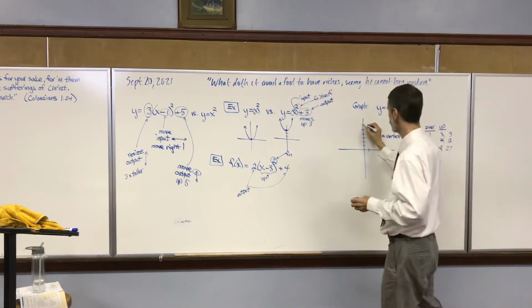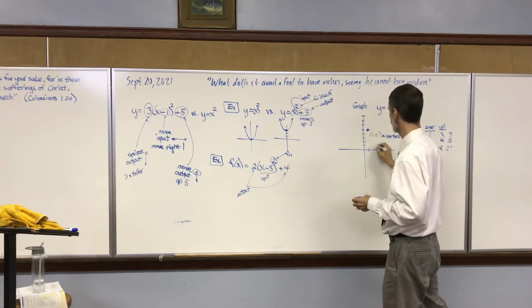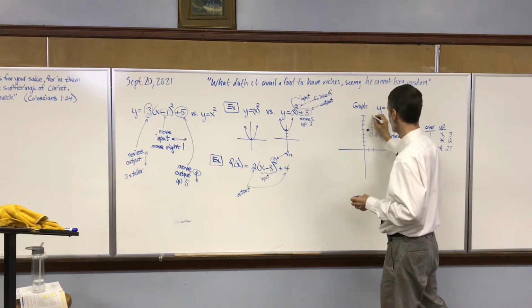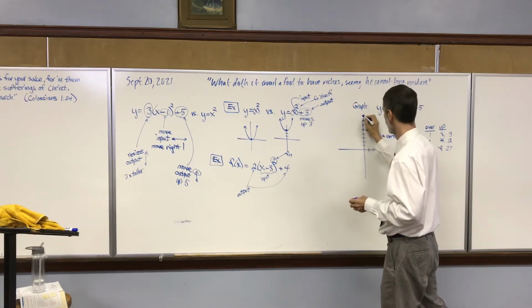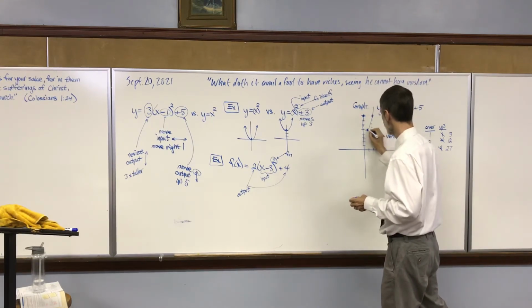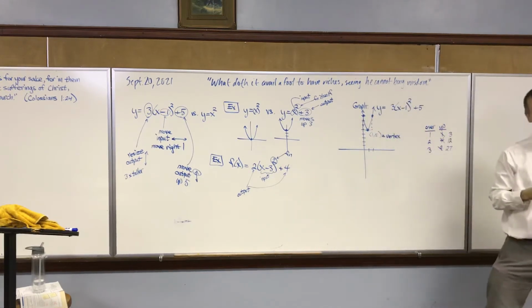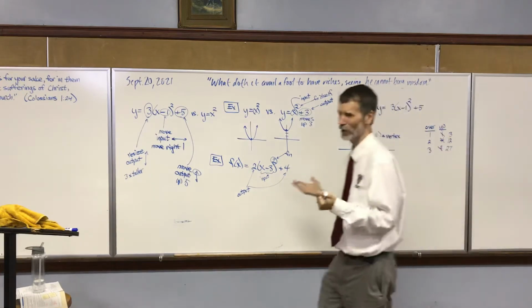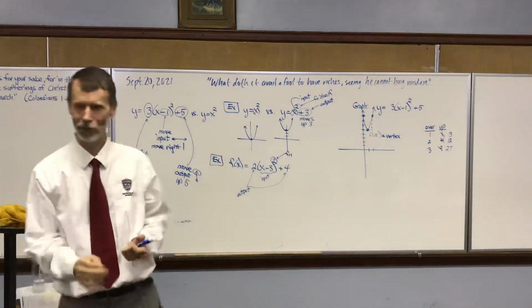But I'd like to do at least one jump. Over 1, up 3. Over 1 the other way, up 3. And that is a reasonable approximation of your graph. Does that make sense? If you wanted to make a really good graph, make sure you have a big piece of paper. Go up 12 spaces.